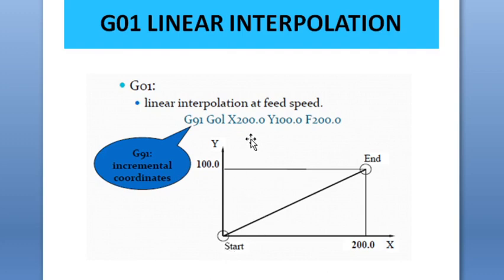It is incremented with 200 units in the X-axis, then along the Y direction 100 units incremental. The feed rate is 200. G94 or G95 means mm per minute or mm per revolution in a machining center.